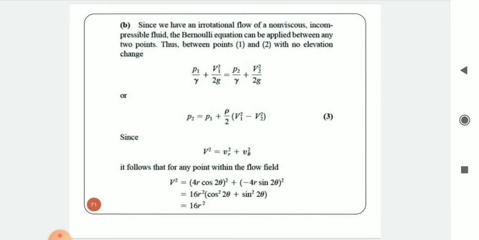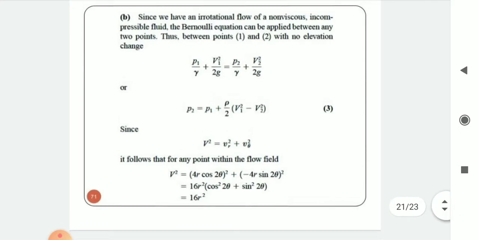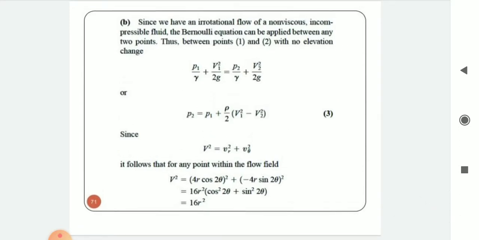Since V² = Vr² + Vθ², it follows that for any point within the flow field, V² = (4r cos 2θ)² + (−4r sin 2θ)². By taking the values from previous, we get V² = 16r²(cos² 2θ + sin² 2θ), which is equal to 1.